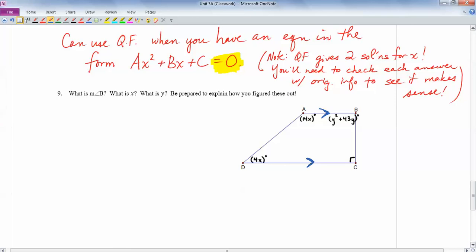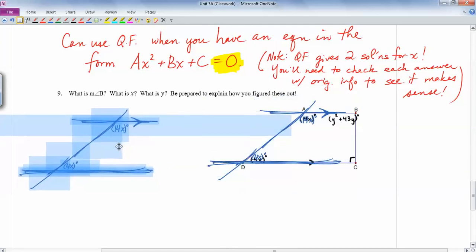So here's what I'm going to do. I'm going to extend this line here and then draw in my parallels. And I'm going to ignore the other part of the picture. Whoops, sorry about that. And this is 4x. I'm just going to write it right on top. And this is 14x. And then what I can do with this is move that over to the side.